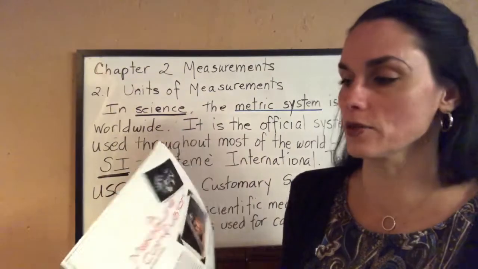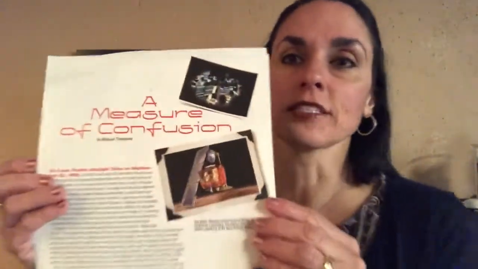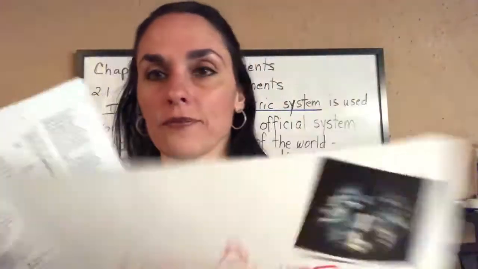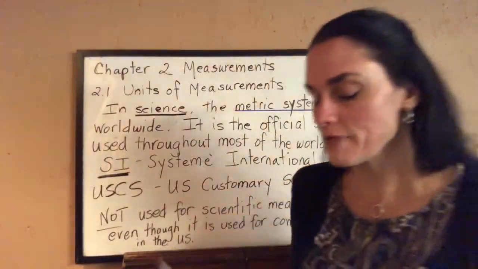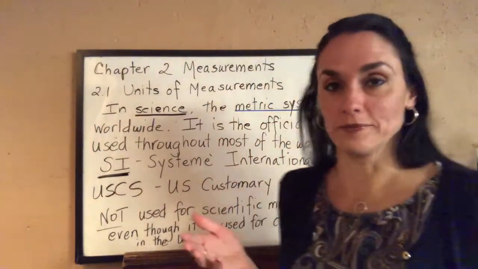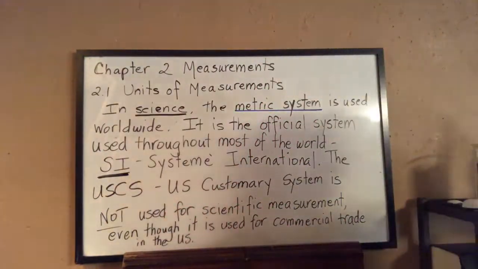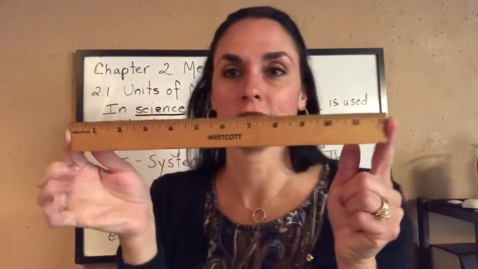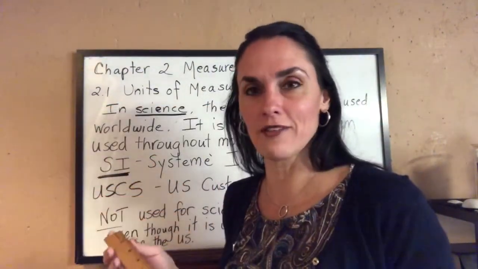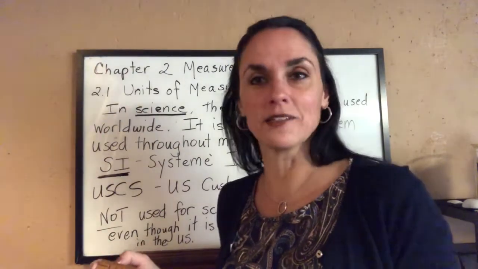And I put an article on Canvas. It's called A Measure of Confusion. And it goes into the history of different measuring systems. For instance, a foot. It's an arbitrary unit. It was based on the length of some king's foot.